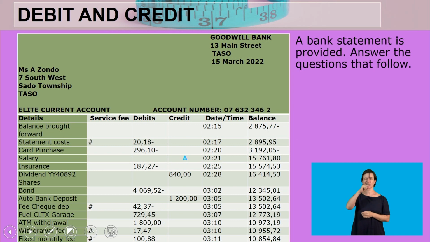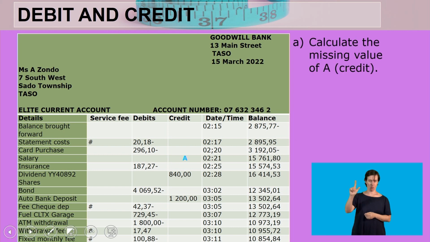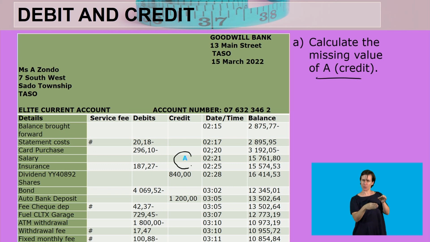So now looking at the questions here on this statement, it says calculate the missing value of A, which is on the credit. So when you look at the value of A, there is A and it's on credit. It means there was money that has been deposited into this account. So we need to find out how much of that money has been deposited.